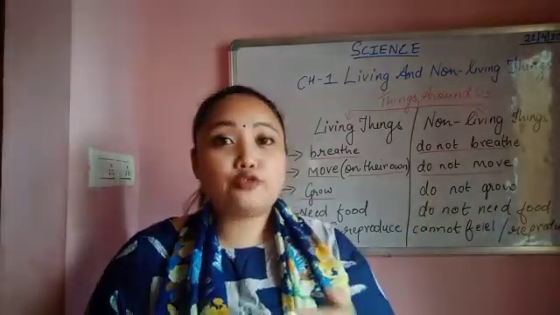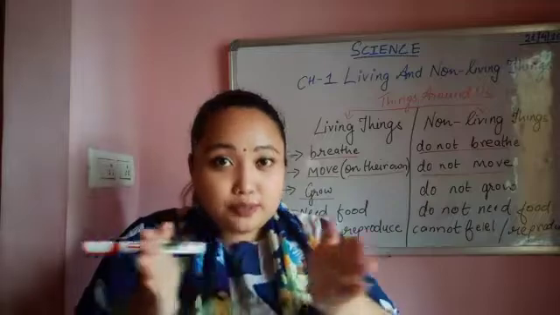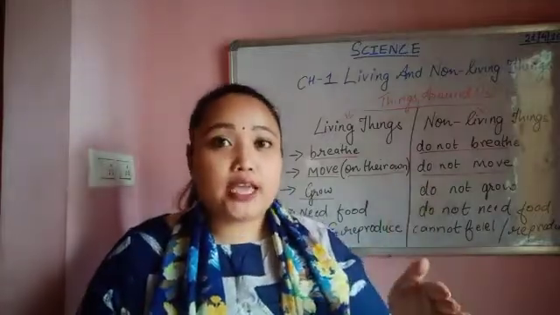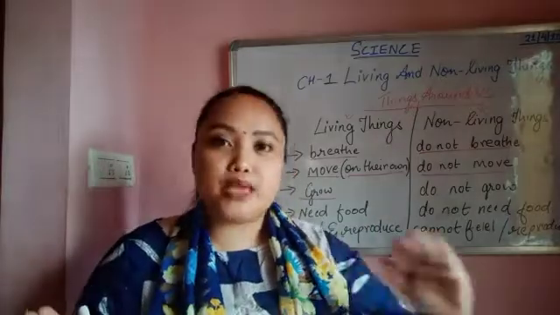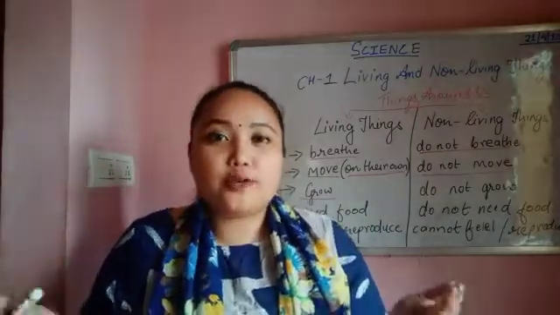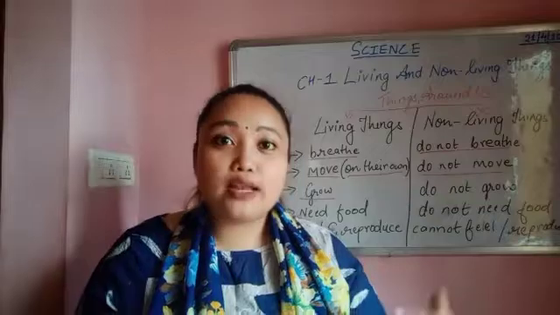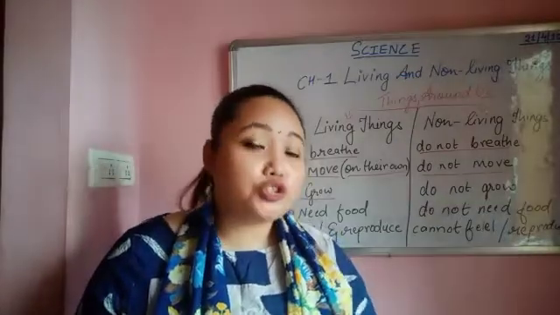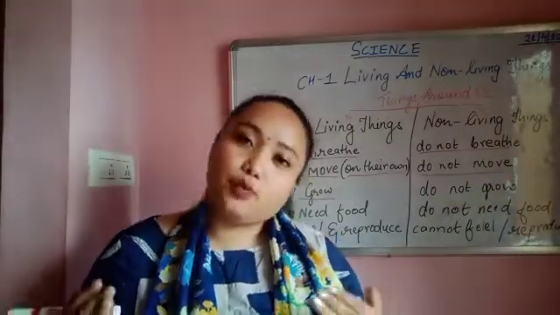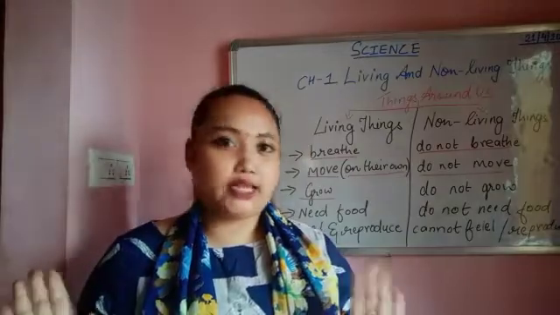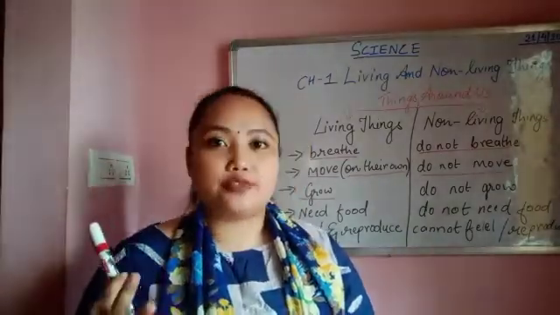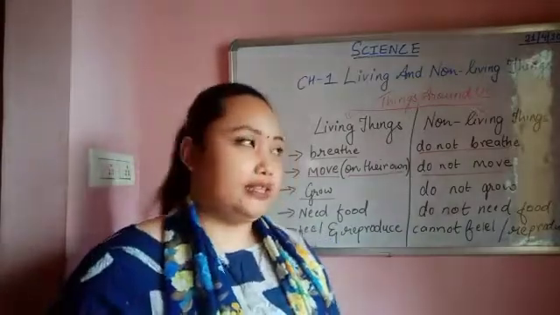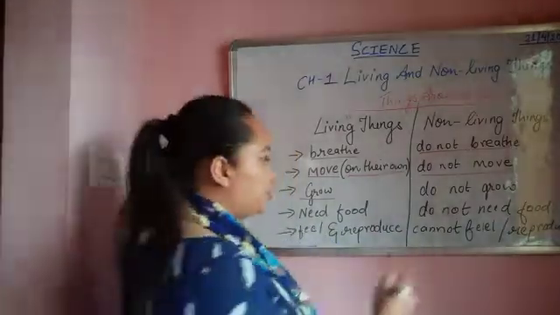So with a period of time, living things grow gradually, slowly, okay? Like you were a baby, but now you're a little bit grown up, right? So that is how a living thing keeps on changing and growing with time. But non-living things do not grow. They remain the same their entire life, okay? They cannot grow. They remain the same.